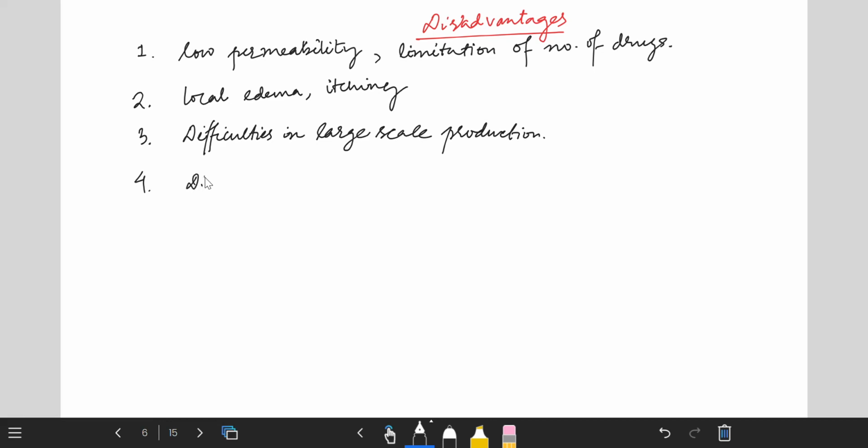So disruption of lipid structure leads to polymorphic transition.